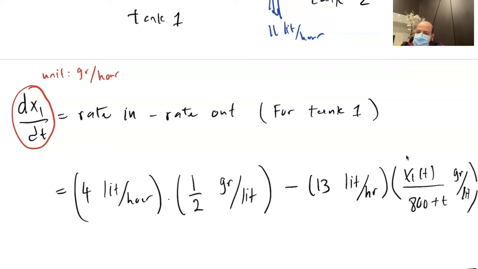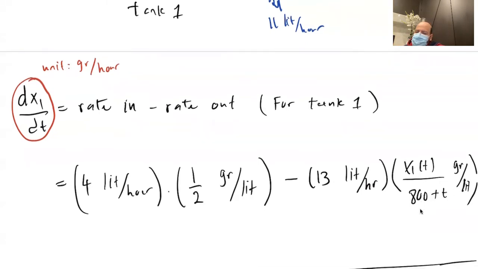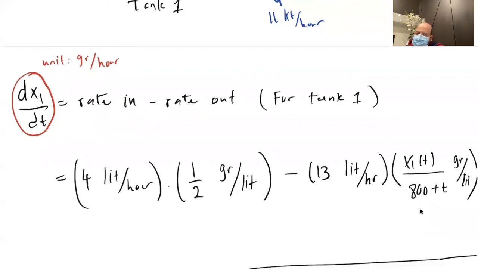But that's what we denoted by x1 of t. So we can keep it as x1 of t, and then we have 800 plus t liters in tank 1. So the concentration will be x1 of t divided by 800 plus t.